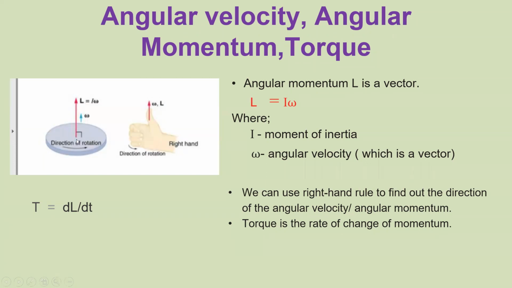So the moment of inertia depends on how the mass is distributed, which depends on the shape and the material the object is constructed of. Capital I stands for the moment of inertia, and omega stands for the angular velocity.